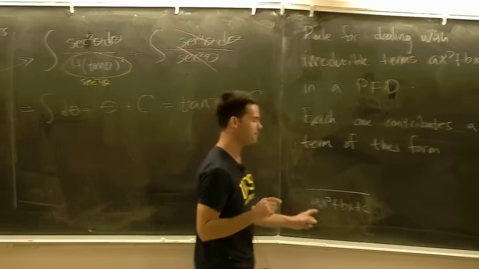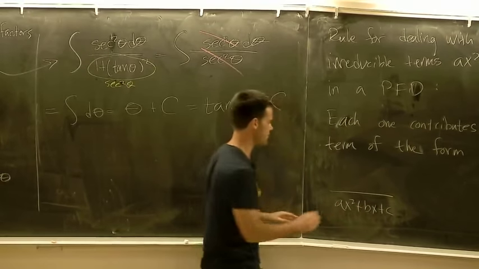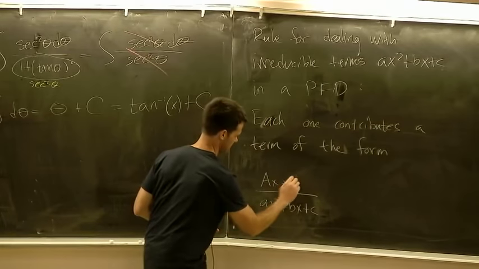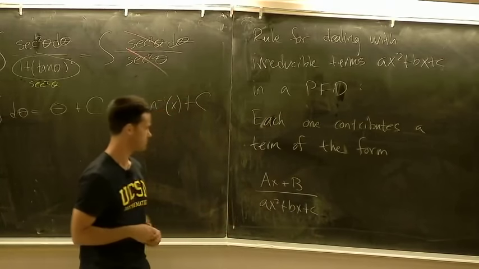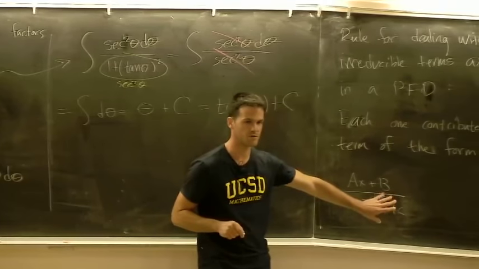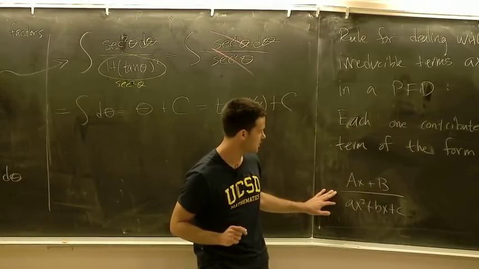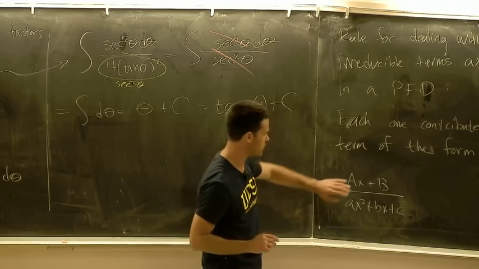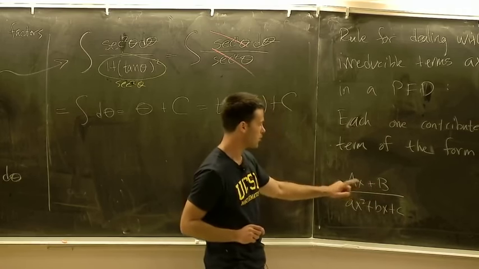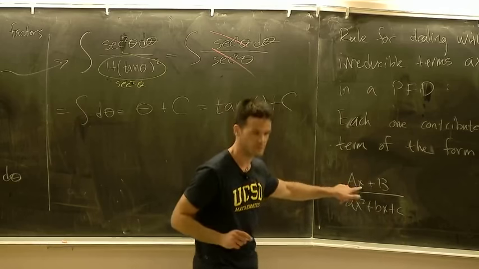And on the top, here's the thing that's new, is you need to include an x. So you'll have to add a term like this to your partial fraction decomposition. And again, what's different about it is it has two constants, actually. One with an x term in front of it.